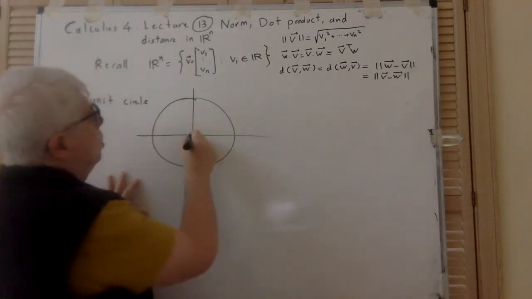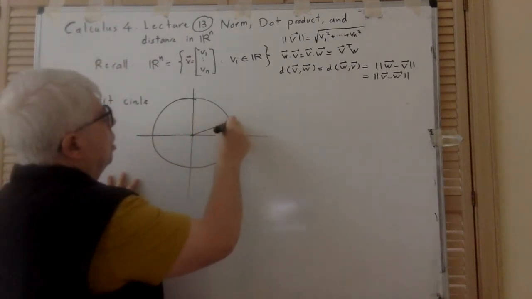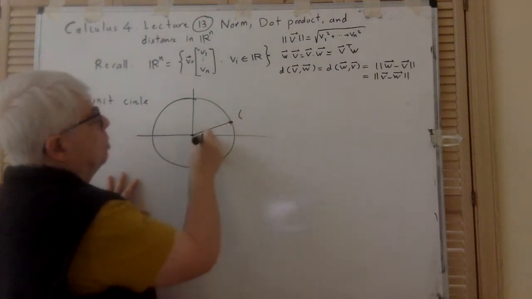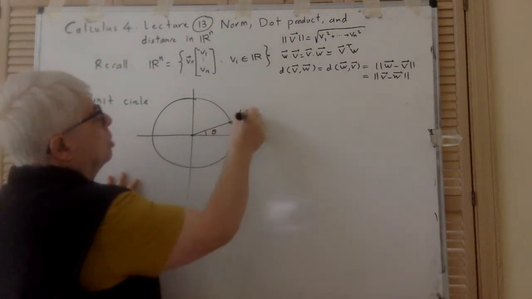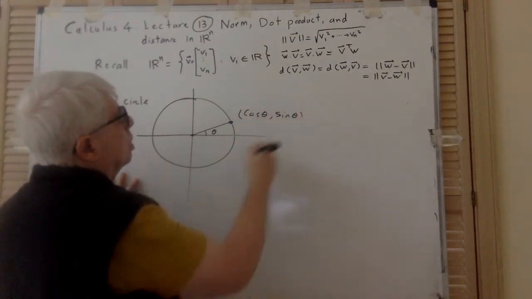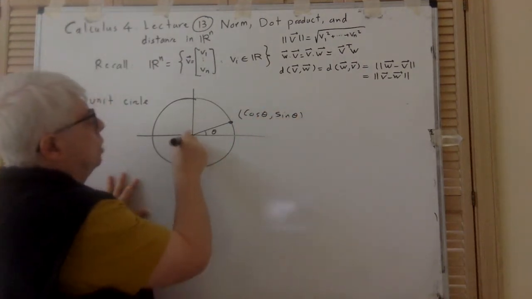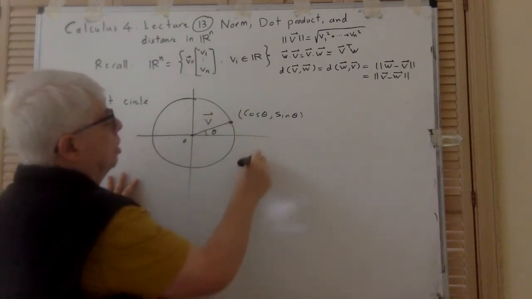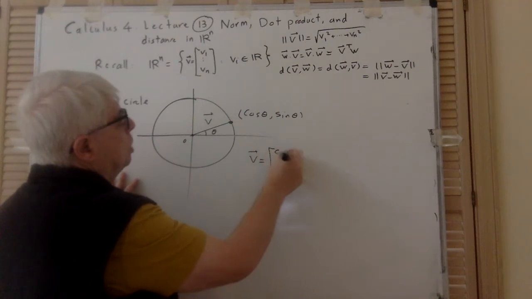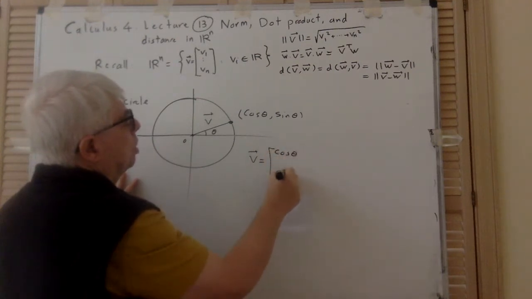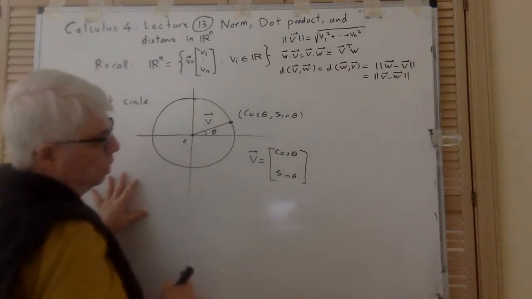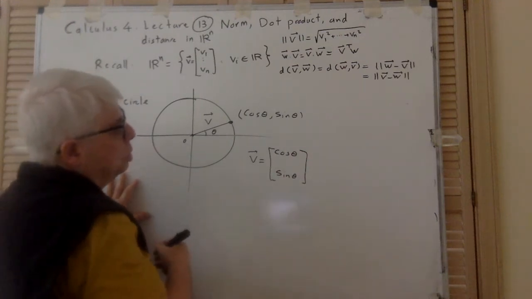If I have a point on the unit circle, remember, if this is theta, this point has coordinates cosine theta and sine theta. So this vector v has entries cosine theta, sine theta. And I claim that this is a unit vector.